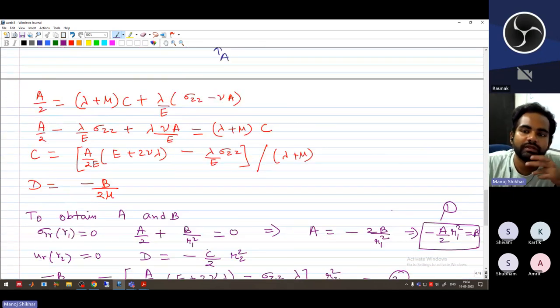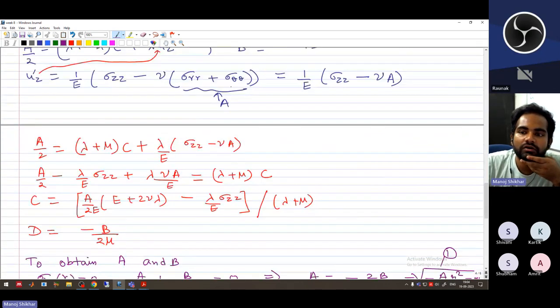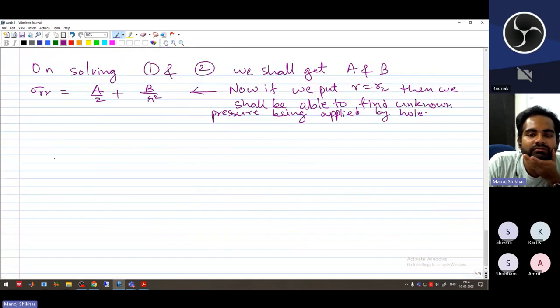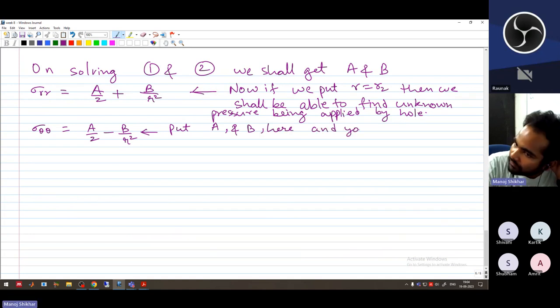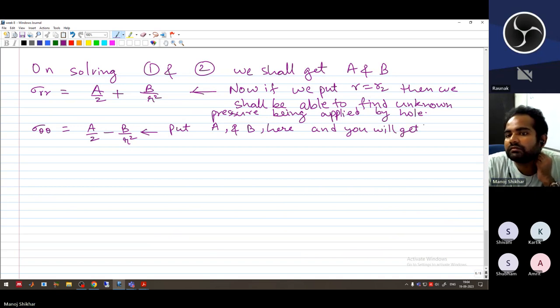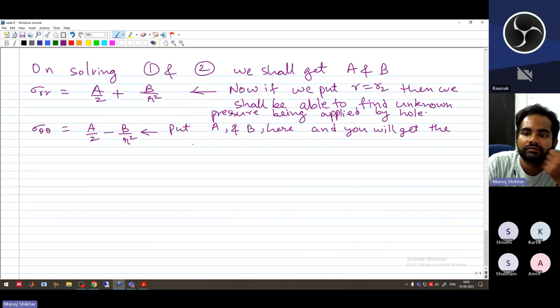And also you know the expression of sigma theta theta now. Sigma theta theta is what? A by 2 minus B by R square. So if you put A and B here, you will get the sigma theta theta.